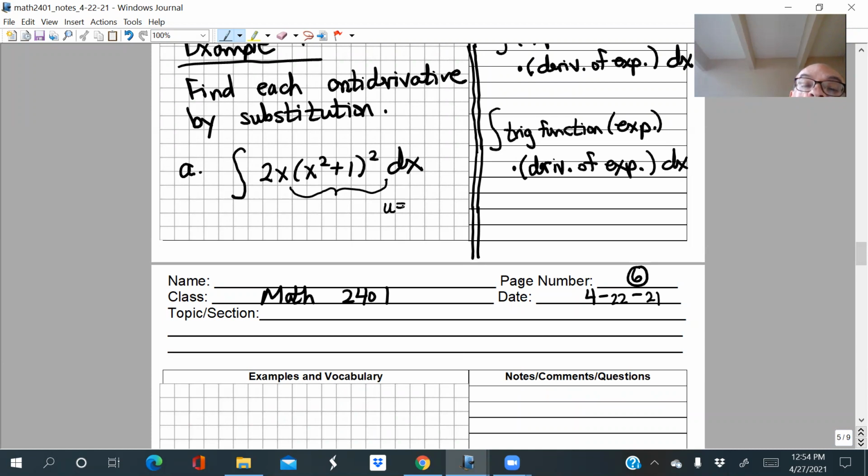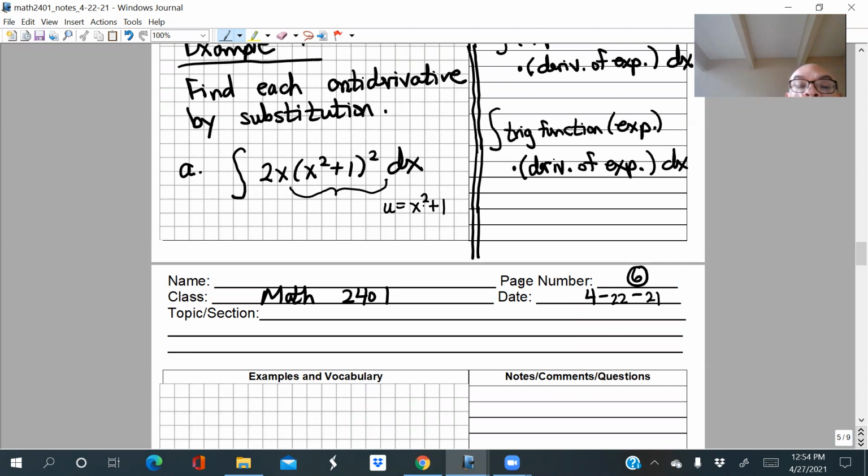I'm going to give that a different name. Let's let u be x squared plus 1. So I'm going to change the variable here in this problem.